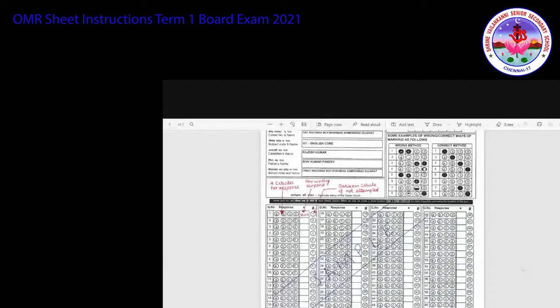You think that B is the correct answer, so you darken B, and then you come to the box and you put the B. In the hashtag, you leave the circle empty. Now you go to the second question. You don't want to attempt that question. You darken that hashtag alone, as that is the circle there too.